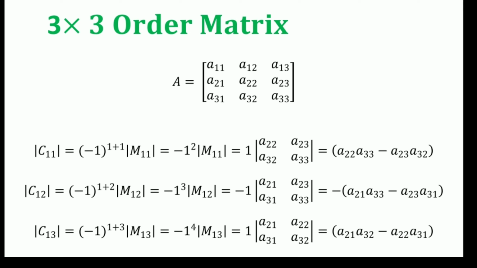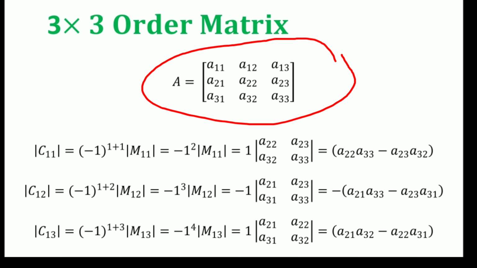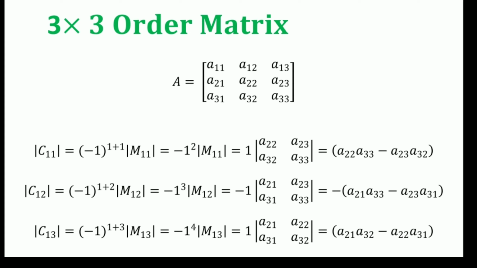Now take a 3 by 3 order matrix, matrix A is equal to A11, A12, A13, A21, A22, A23, A31, A32, A33. We want to find out the cofactor of this matrix. So the first cofactor C11 is equal to minus 1 raised to the power 1 plus 1, that is first row and first column, into the first minor.